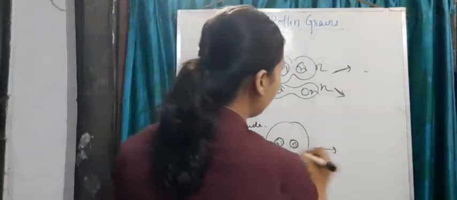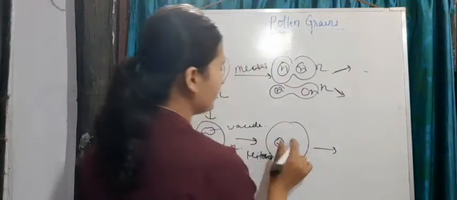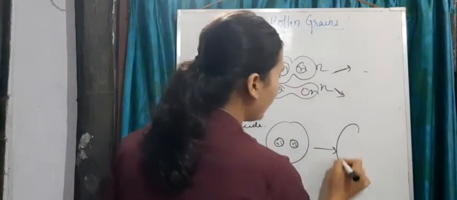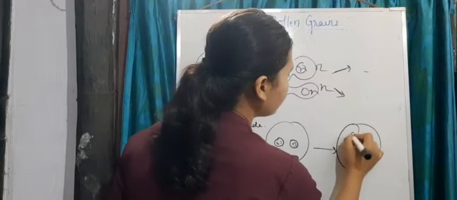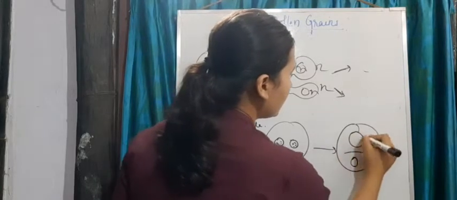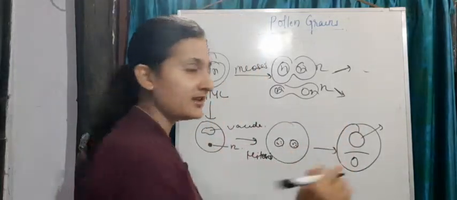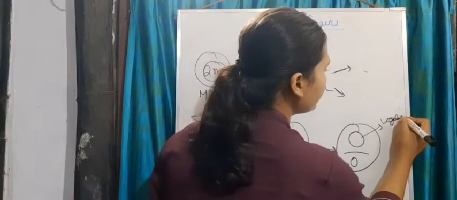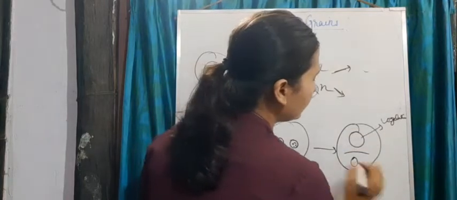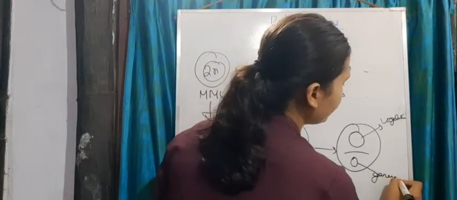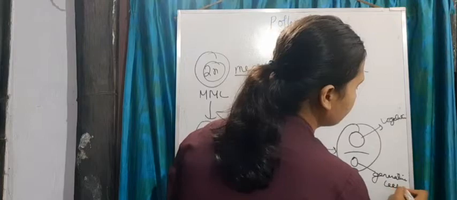Then out of these 2 cells, since they are together, the one which is bigger in size is called the vegetative cell, and the other one is called the generative cell.